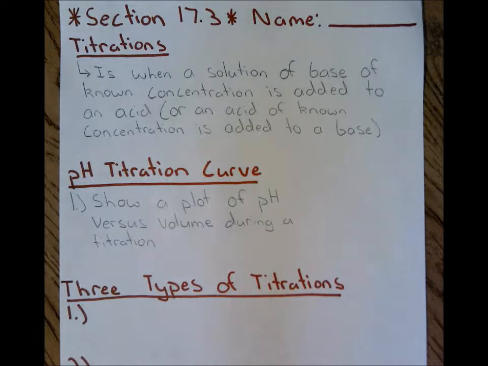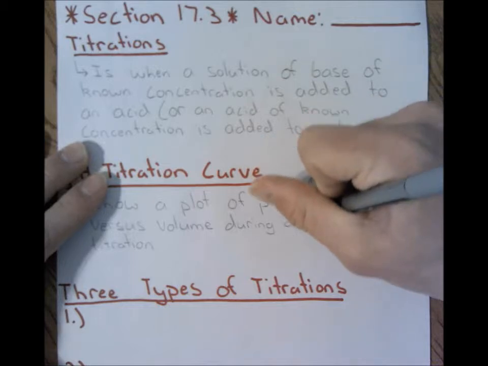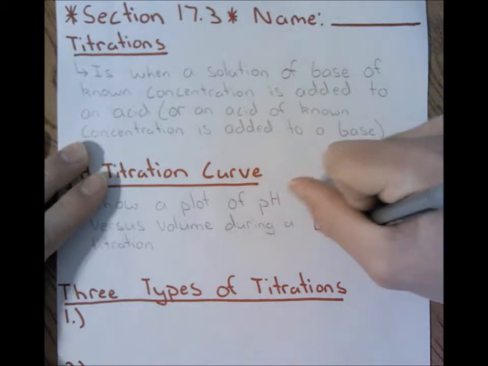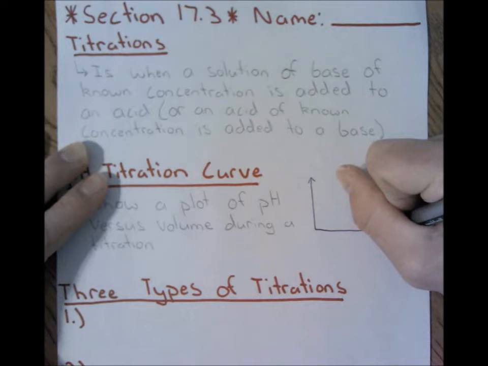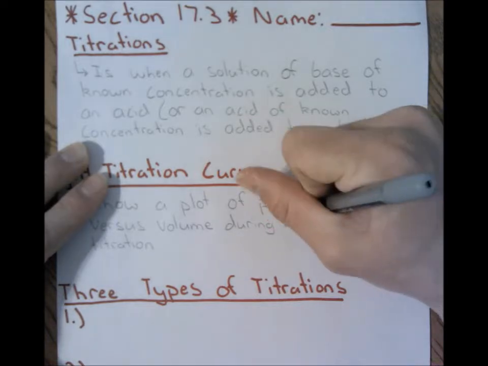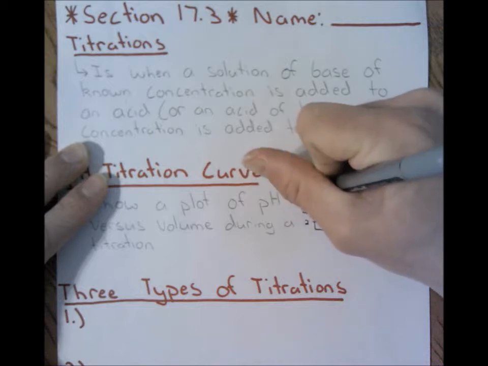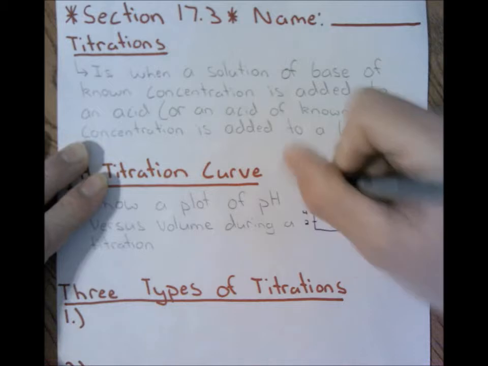So what this plot means is that we have a graph, and I'm just going to put a generic graph here, and I'm going to have my X and Y axis, and over here I am going to add my pH on the Y axis.